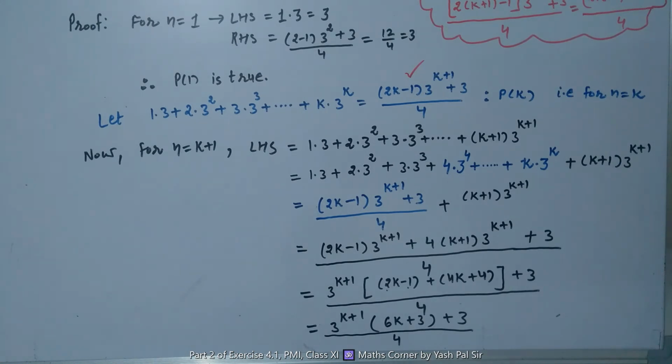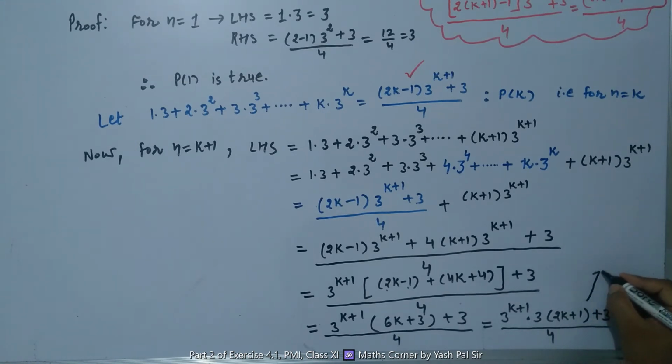Okay, now next we have 3 raised to power k plus 1 into, from this bracket we can take 3 common, into we are left with 2k plus 1 plus 3 whole divide 4.